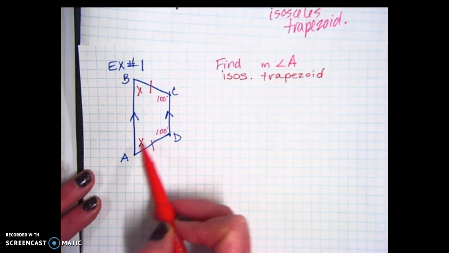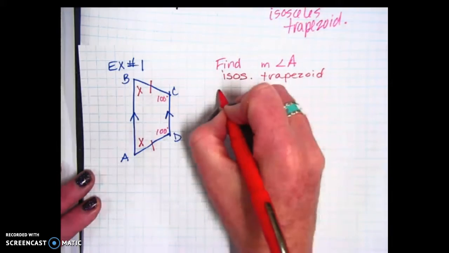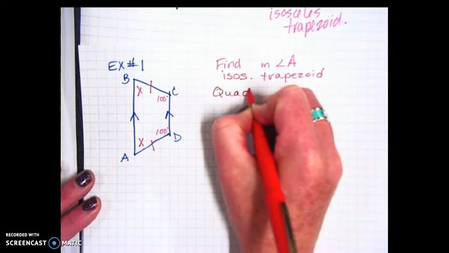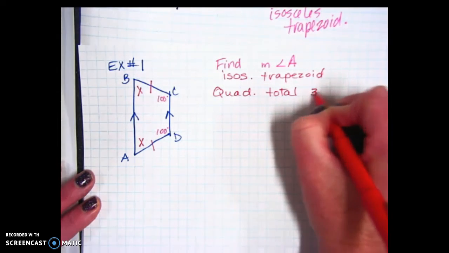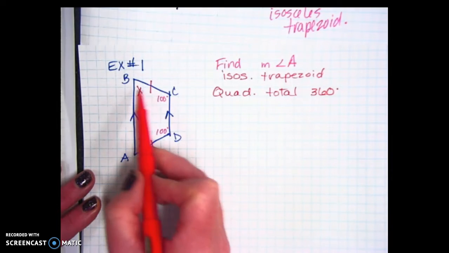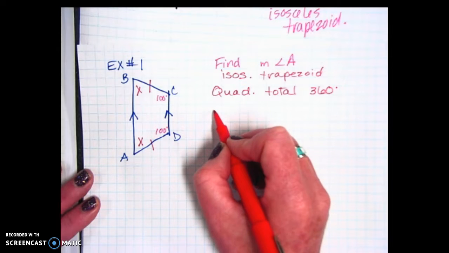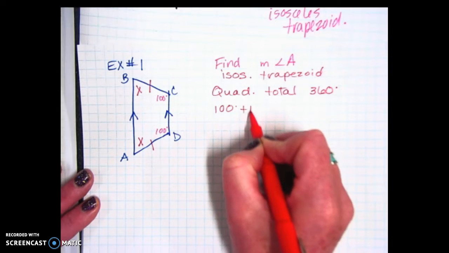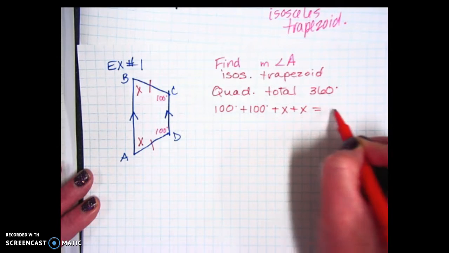Anybody know the total degrees in a quadrilateral? 360. Okay, so if a quadrilateral has total degrees of 360, we can take all four of these angles and add them up to get 360. So we know there's 100, 100, and then X and X.